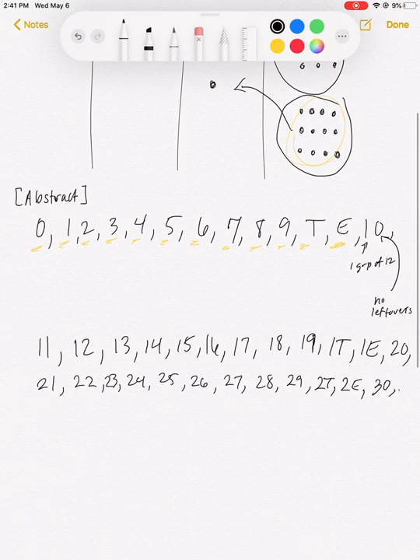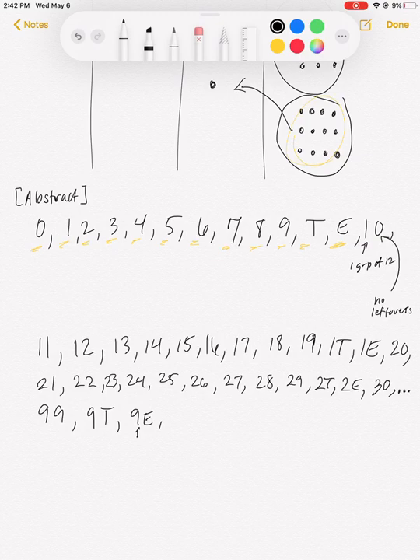Okay, we'll go ahead and skip ahead to 9 base 12. After that, it's not 100, but 9T base 12, because I need 12 objects in the ones place before I can bundle. 9T base 12, 9E base 12, and then I have 100, right? Well, no, because this place right here has to also go up to 12 objects.